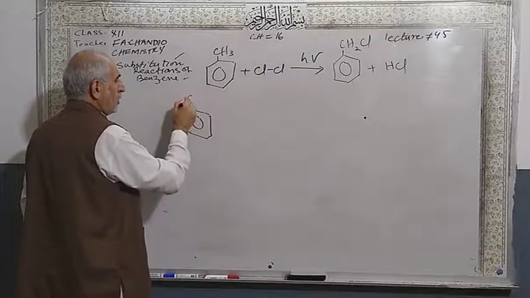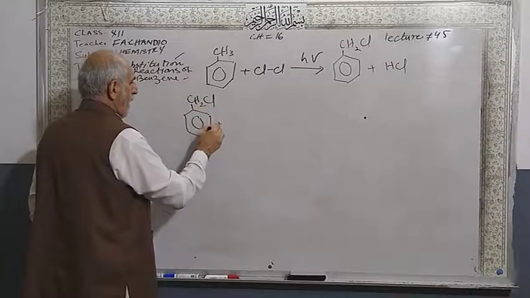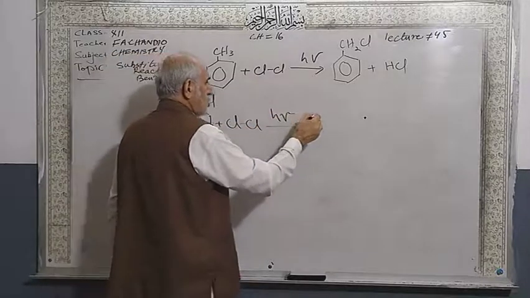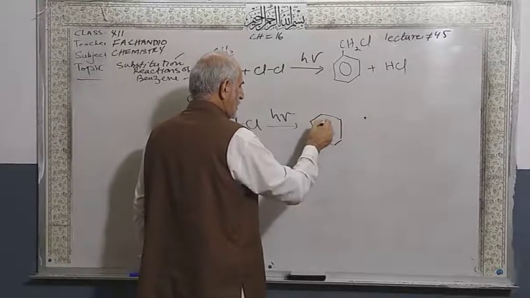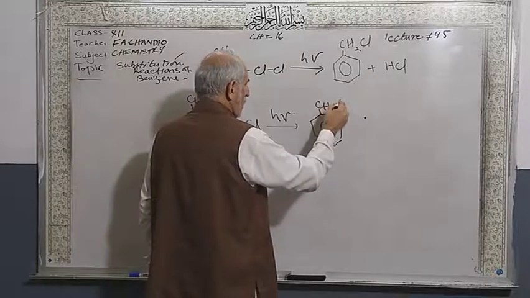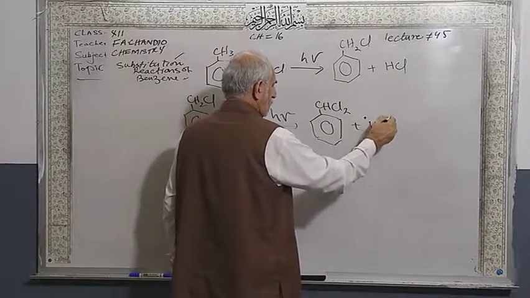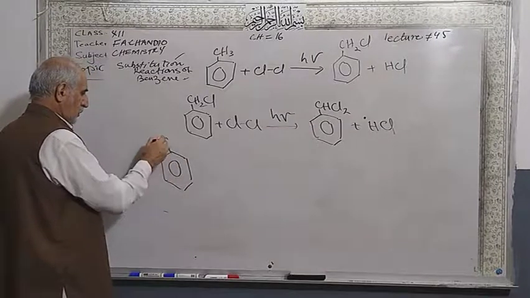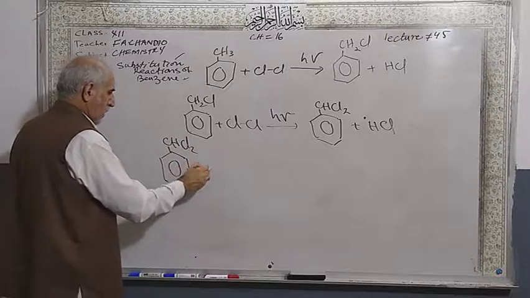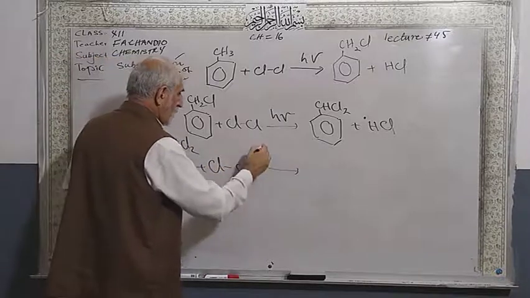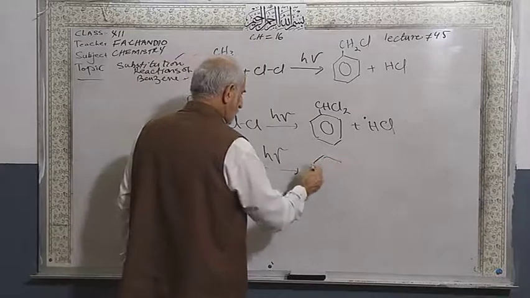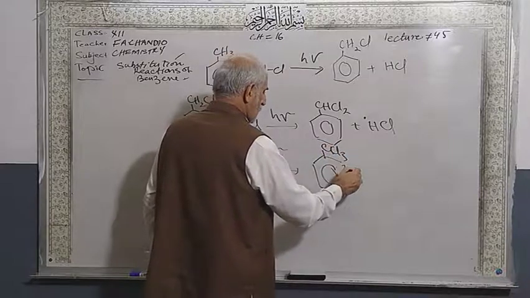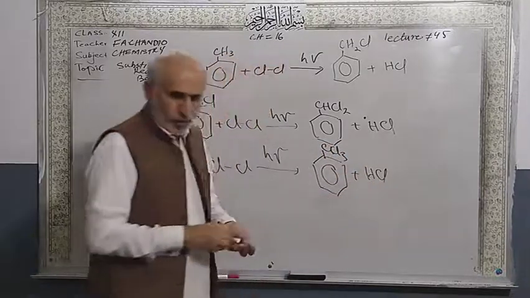Step number 2: again, chlorine is added and one more hydrogen is substituted. In the third step, here the chemical reaction stopped.